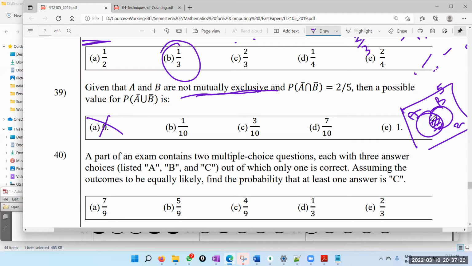Given that A and B are not mutually exclusive and P not belonging to A and not belonging to B are 2 out of 5, then in the union you must have 3, right? So therefore in the intersection you must have something. You can't have more than 3, right? Because your union also has only 3.